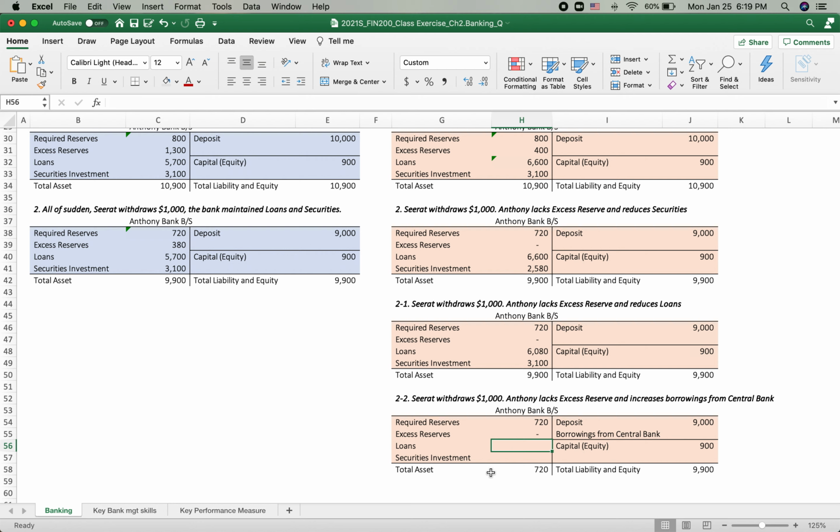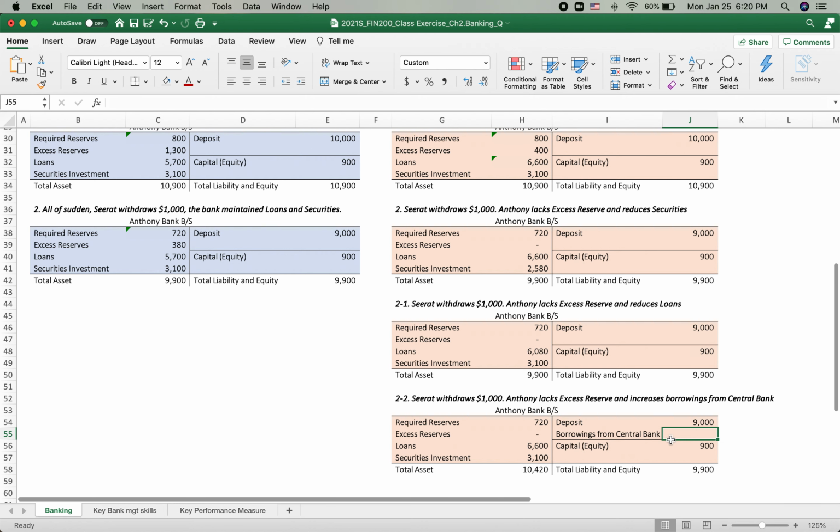And then they would not decrease this loan 6,600, and then securities. The bank wanted to maintain this amount. Then how much should the bank borrow from the central bank?